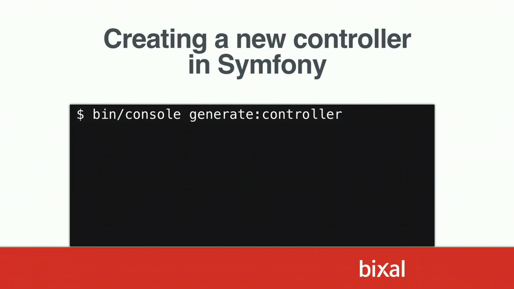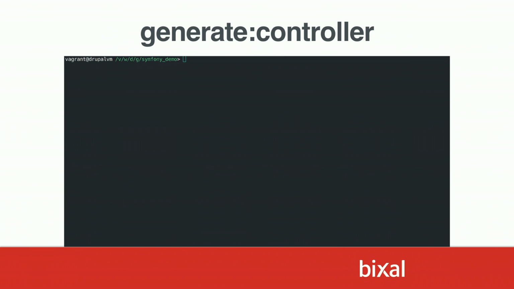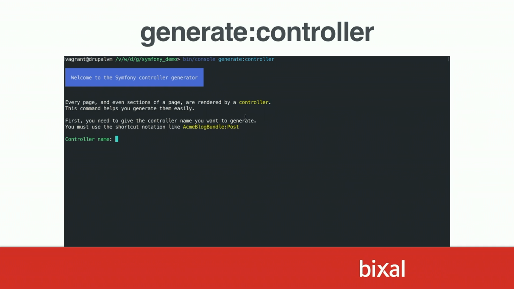So what I'm going to do is hack it a little bit to expose that content as JSON. I'm going to run that command, which is generate controller, on the Symfony application. This will ask a very similar set of questions as if we were doing this with Drupal Console.